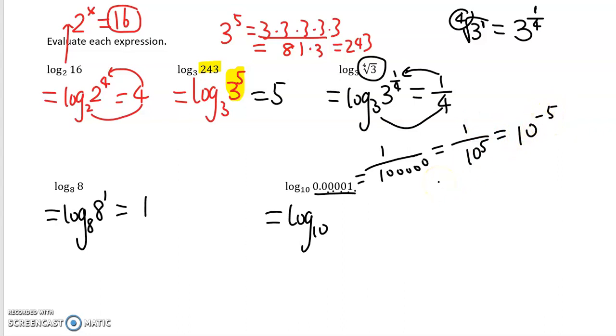This is similar to the section we did before on scientific notation, which was given as a bonus question, but it's the same idea. 0.00001 can be written by moving the decimal point 1, 2, 3, 4, 5 times. So that is equal to 1 times 10 to the negative fifth. We can rewrite the decimal as 10 to the negative fifth. Now take the logarithm of that. Again, it's asking us, 0.00001 is what exponent of 10? Apparently it's negative fifth, with base 10.